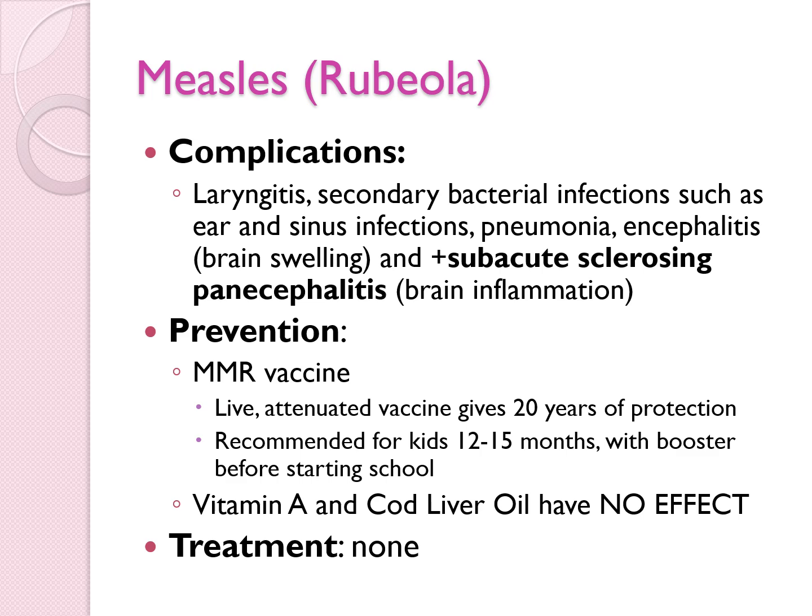The other concern is encephalitis and subacute sclerosing panencephalitis. This is brain swelling and then brain inflammation. These are the 2 really scary side effects or complications of measles itself.